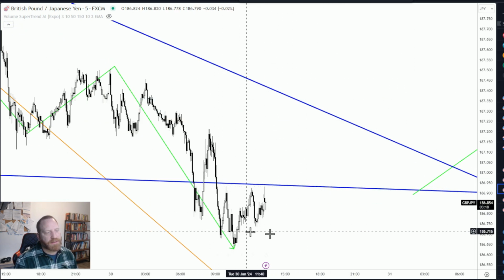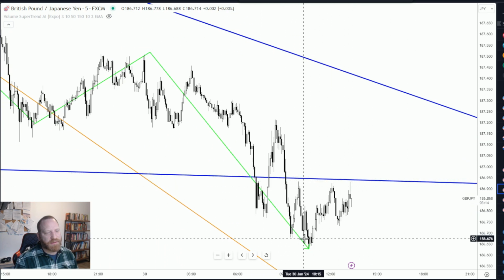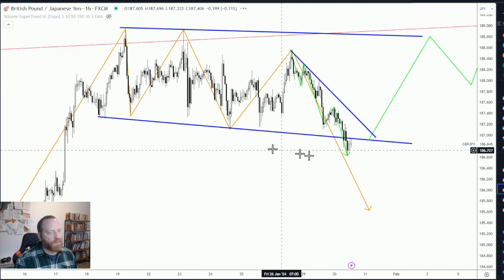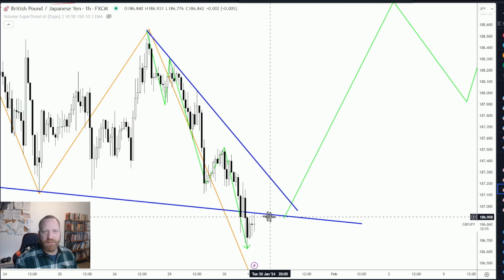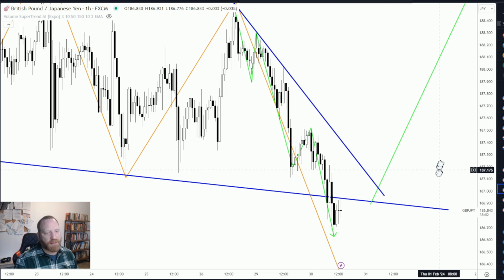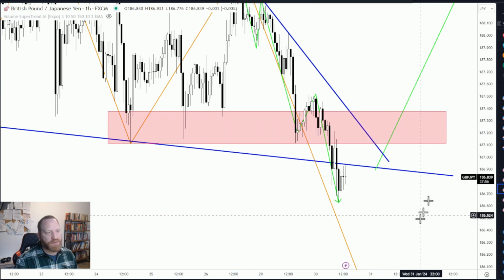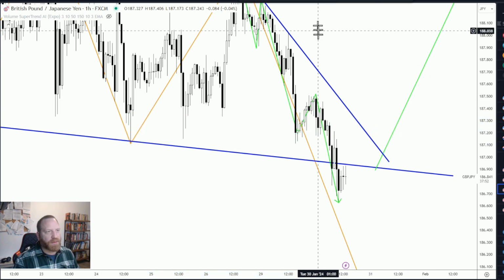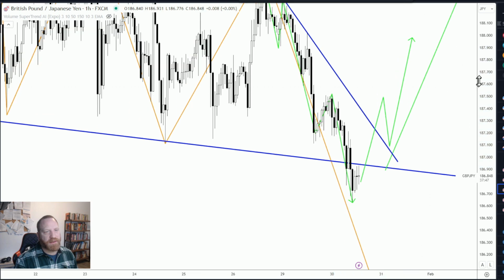And right now we're seeing this type of accumulation at this level here, which is normal because we broke a support. So now we need to test to see if it's going to hold. And sometimes it will go a bit beyond and then test the bottom area of this. So there's no reason to panic. But other times it will completely break this and then go to the upside.